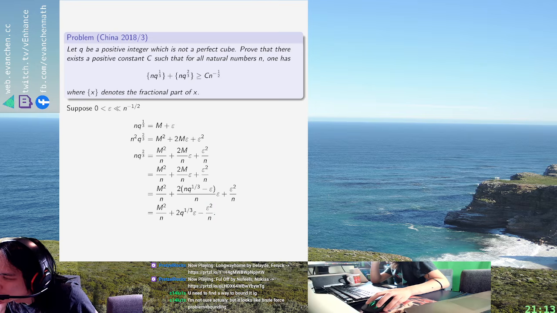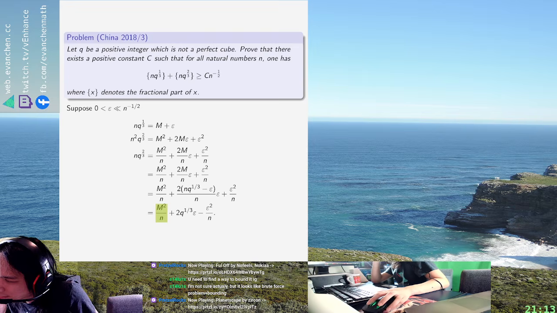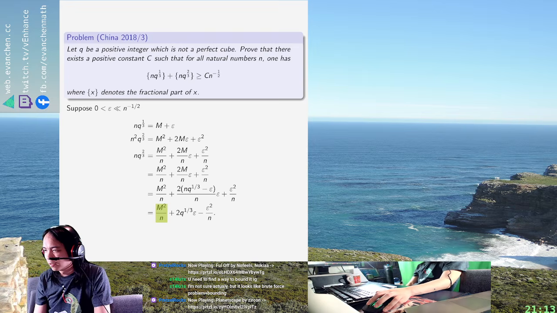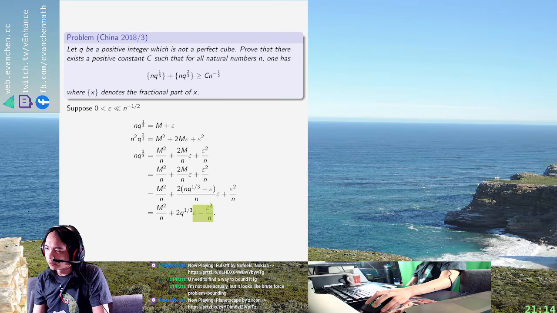I feel like at this point I have to be a little more careful. M squared over n. So this is like an integer over n, right? Okay, I can make this smaller than any constant in terms of q. This is a root n error term.